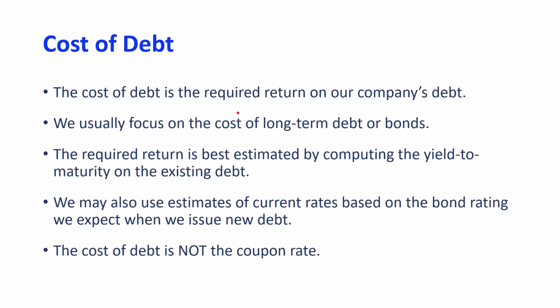The cost of debt here is the required return on companies' debt, and we usually focus on long-term debt or bonds. The cost of borrowing long-term or the cost of issuing bonds. Remember, since weighted average cost of capital is usually used for valuation or capital budgeting techniques, and our evaluation periods are medium to long term, we will focus on long-term debt or long-term bonds in order to calculate the cost of debt.